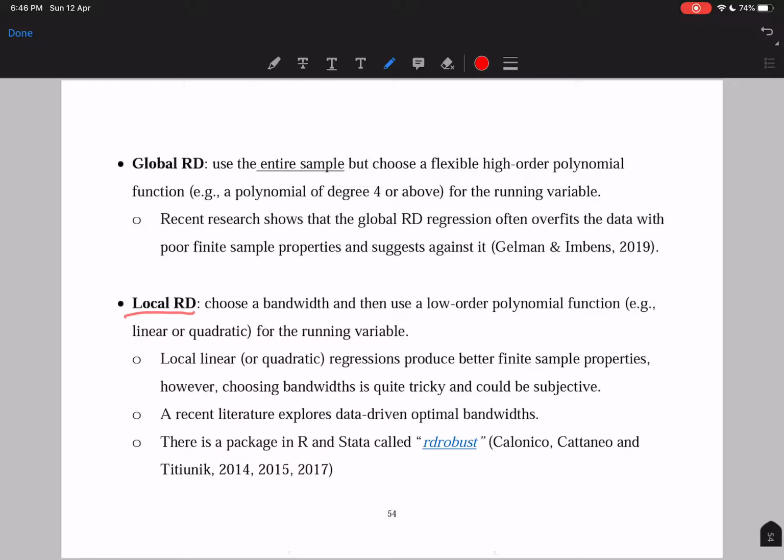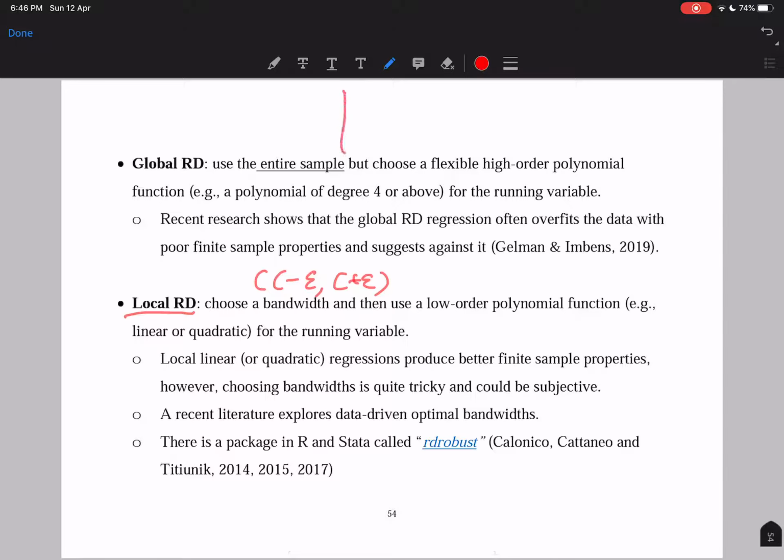So what is local RD? In the local RD framework, you choose a bandwidth. If you remember, that's actually how we motivated our RD framework: you have an epsilon, so you choose the epsilon, a bandwidth. In global RD, the epsilon is just the whole data, and you try to fit the data with a higher order polynomial.